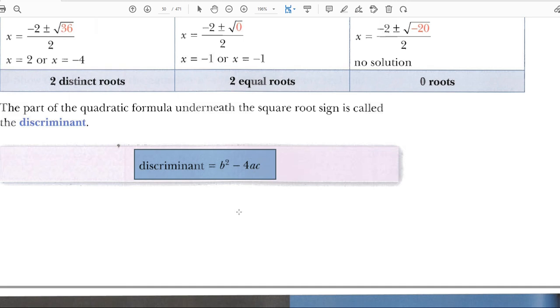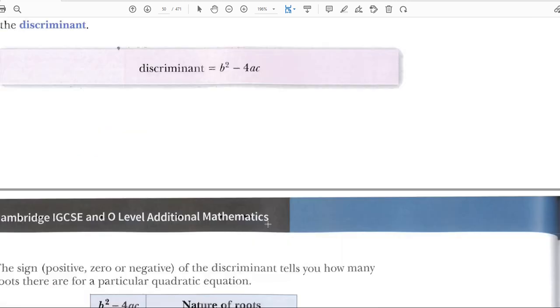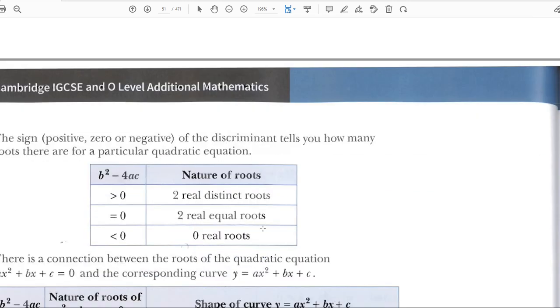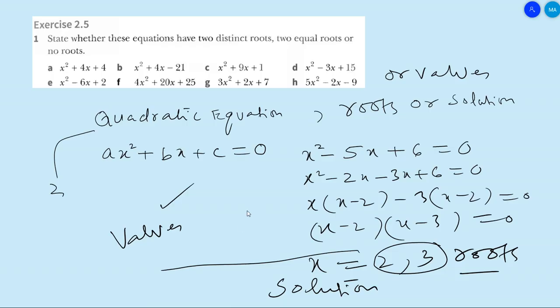Now, what is the importance of this discriminant, b square minus 4ac? Students, see this. Here I find the roots of this quadratic equation, x square minus 5x plus 6, are 2 and 3. So these are two distinct roots.